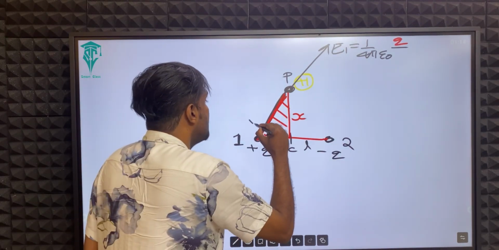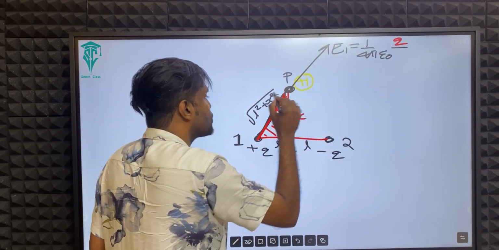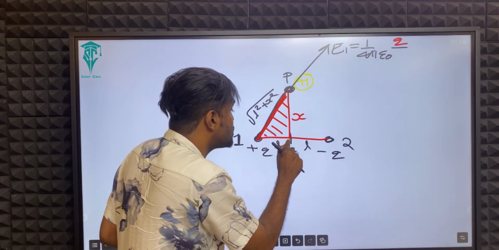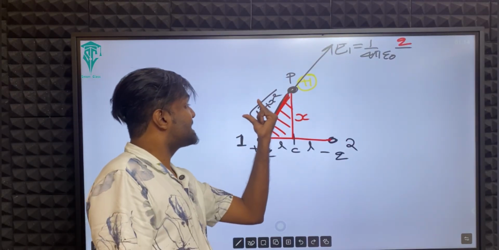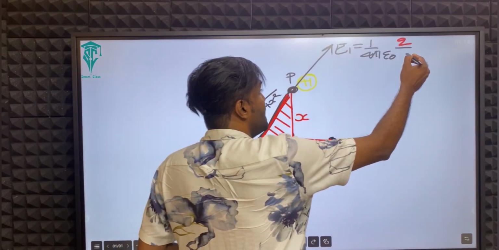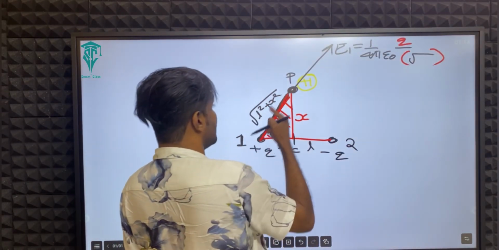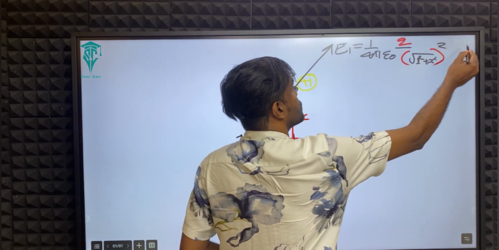So it will be root of L square plus X square. Hypotenuse is equal to root of base square plus altitude square. But here we need the distance square, guys. That's why please put a bracket and write the distance as L square plus X square, and square will be there.